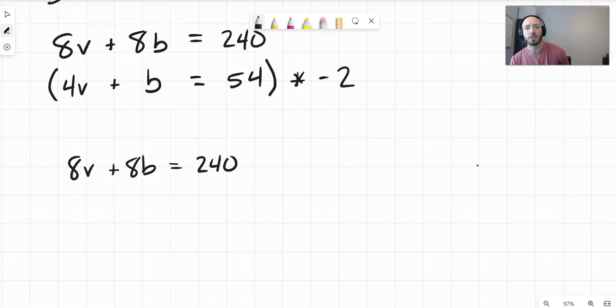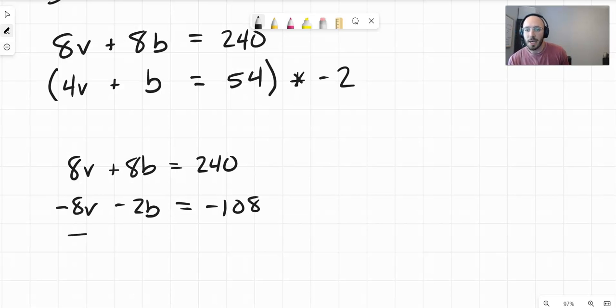And so if I multiply everything in the second equation by negative 2, I end up with negative 8V plus negative 2B. I could just say minus 2B. Minus 2B equals 54 times negative 2, which is negative 108.